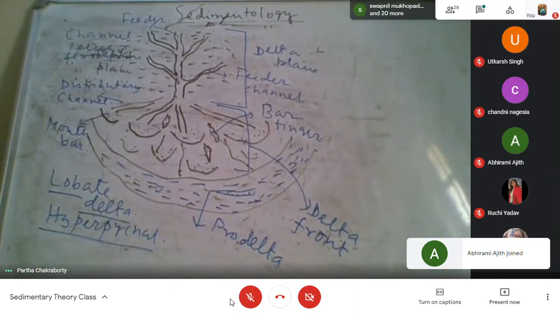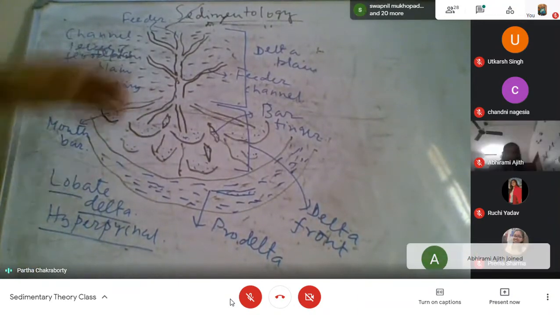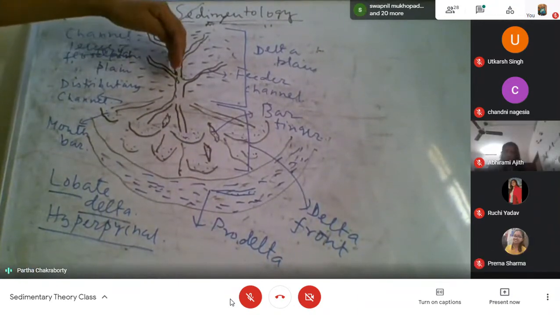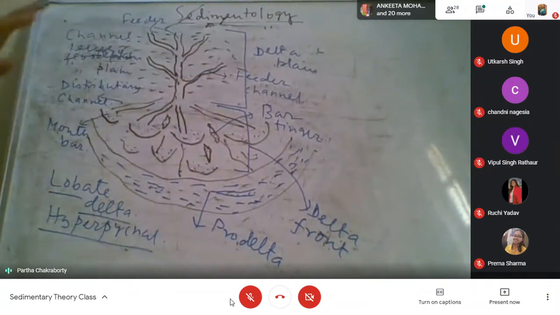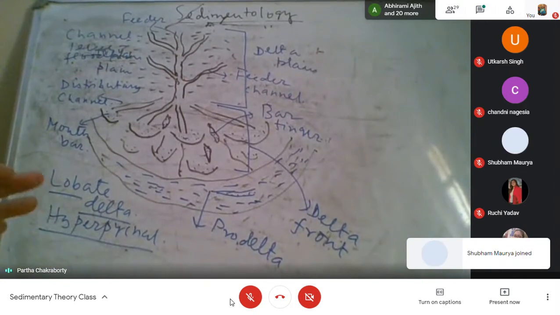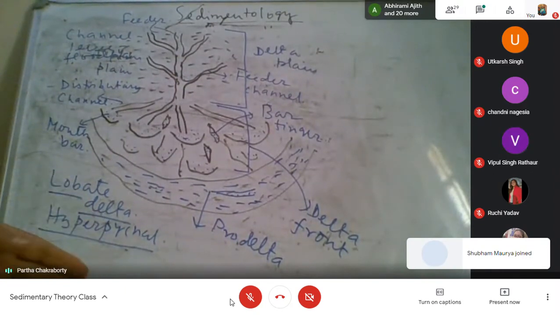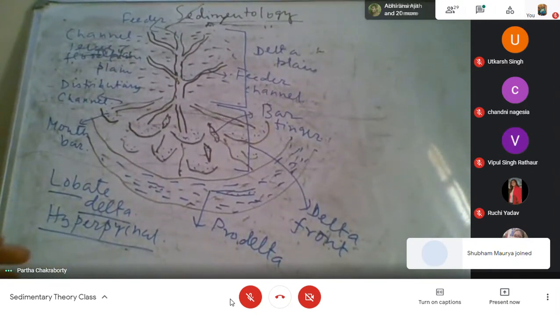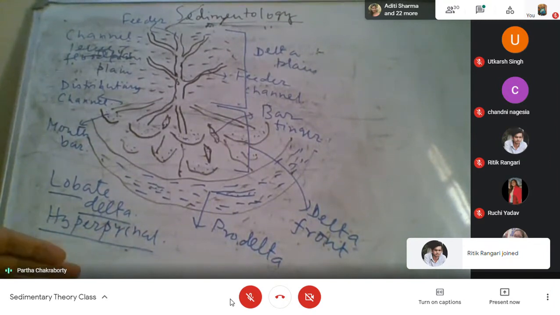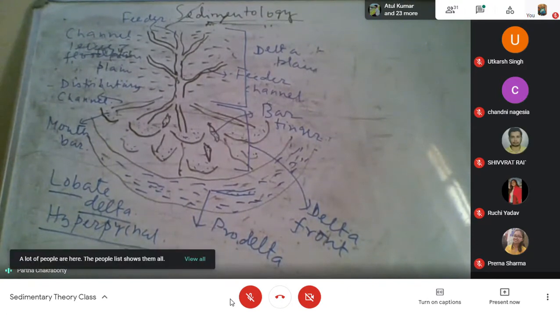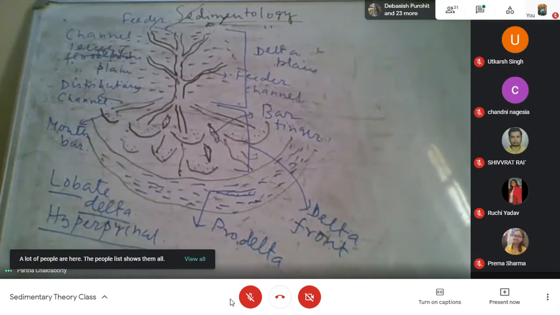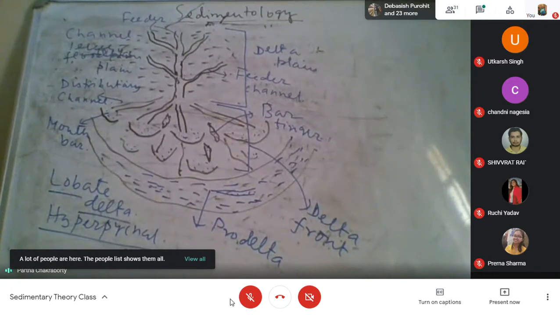Then you can see there is a flat plane, there can be levy, and this is the continental part of a delta. A delta always has a continental part and a marine part. What we are discussing now is essentially the continental part of the delta, which is nothing but a channel levy flat plane system.